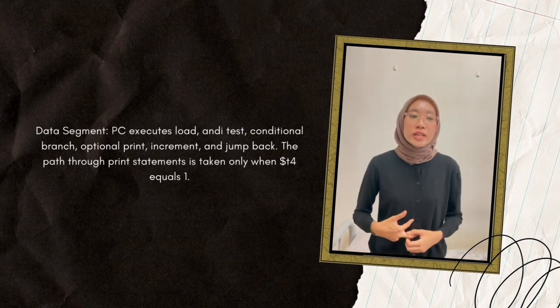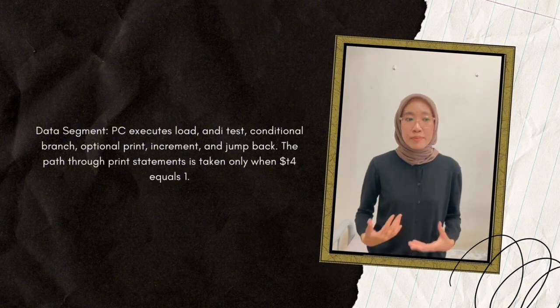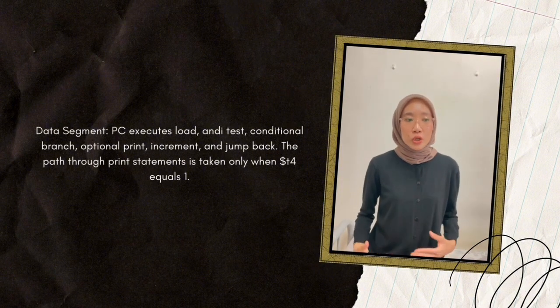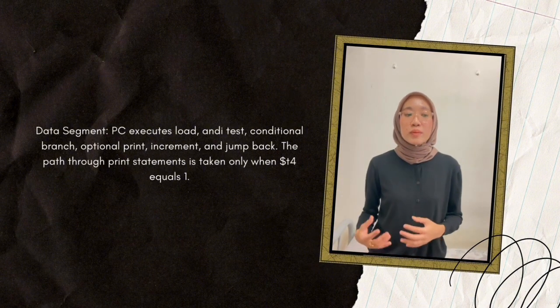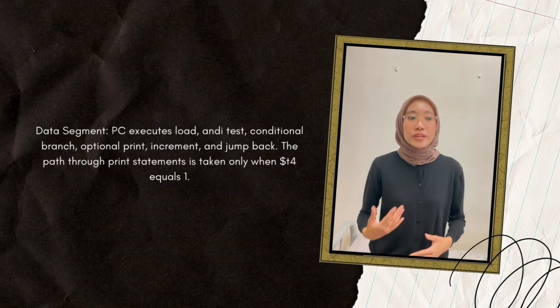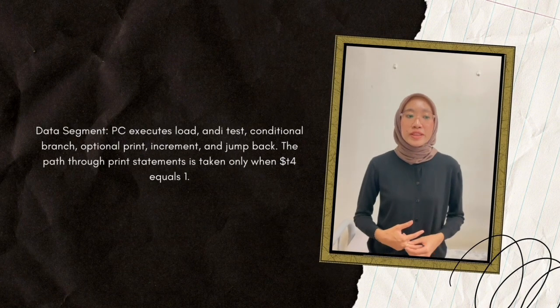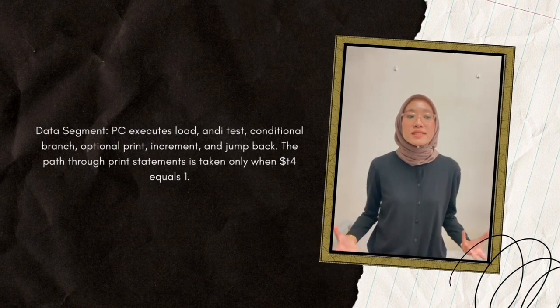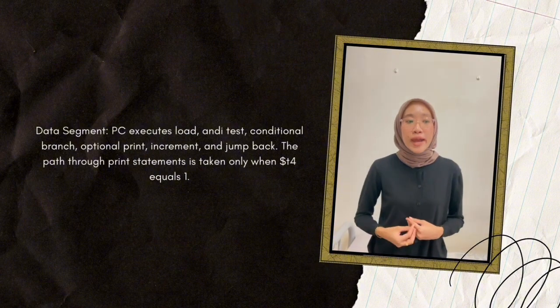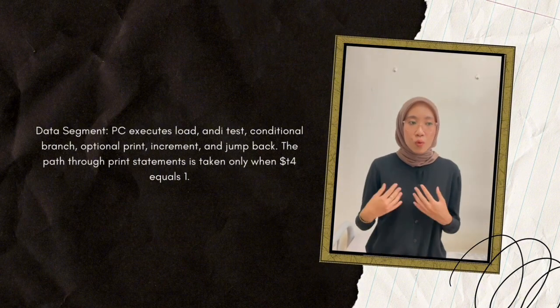We are filtering display only. Text segment: the PC executes load and test, conditional branch, optional print, increment and jump back. The path through the print statement is taken only when T4 equals 1.